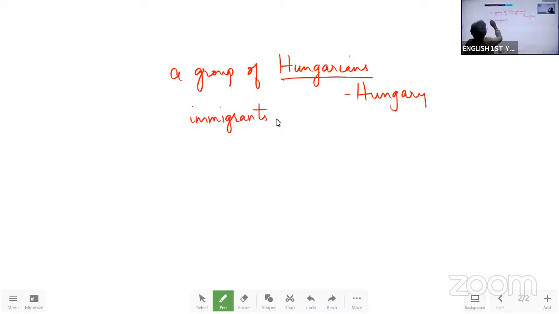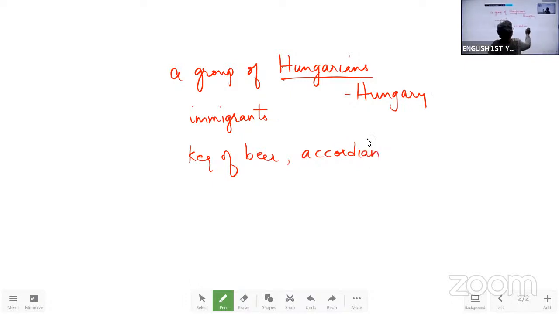These immigrants, a group of them, had a keg of beer. They had accordion. What is accordion? It is a musical instrument. And along with their family, wives and children, were enjoying themselves under the tree.